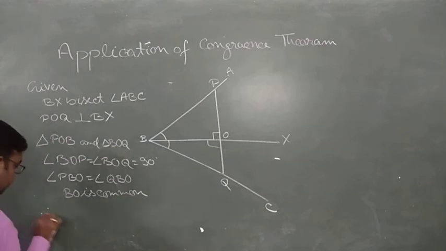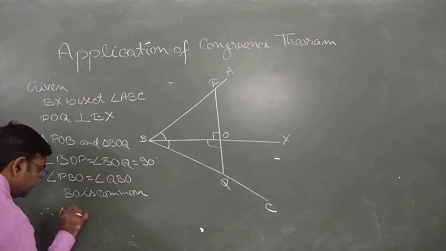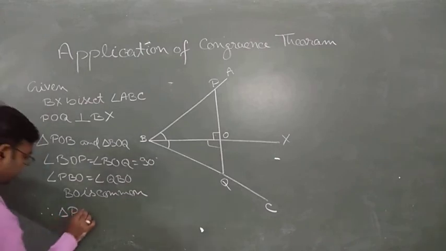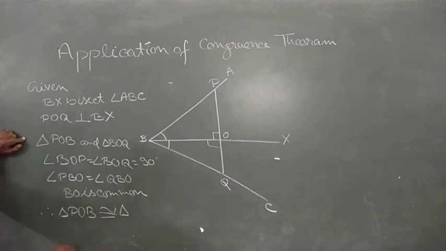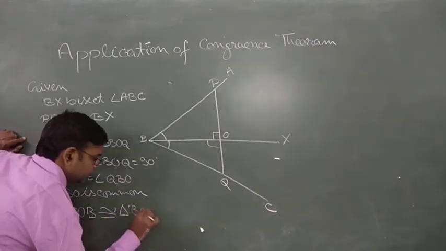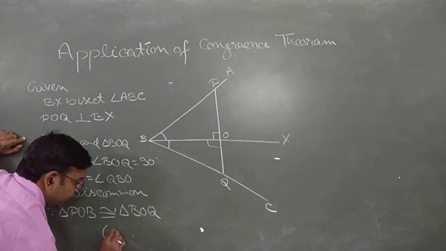Therefore we can say triangle POB is congruent to triangle BOQ. Which property? We are using angle side angle.